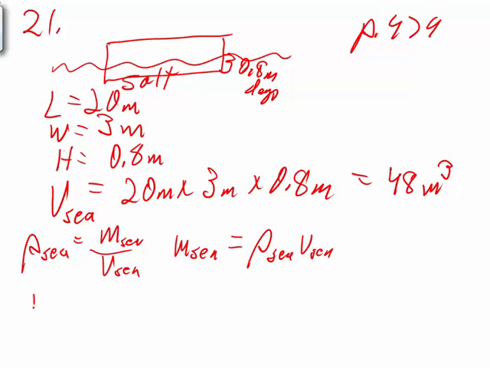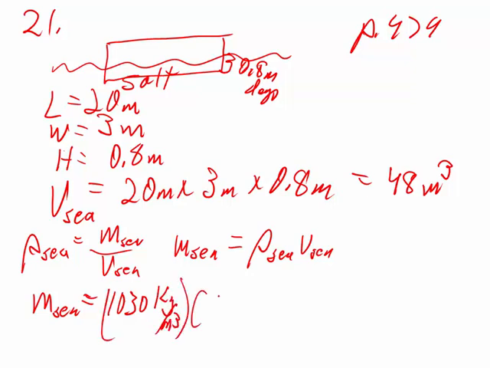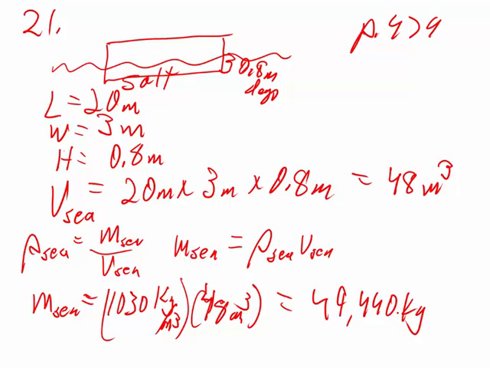Well, the density of seawater, and you have to look this up in your textbook, is 1030 kilograms per meter cubed, a little bit more dense than freshwater, times the volume, which is 48 meters cubed. We get 1,030 times 48, and that comes out to 49,440 kilograms. So that's the mass of the seawater, okay?